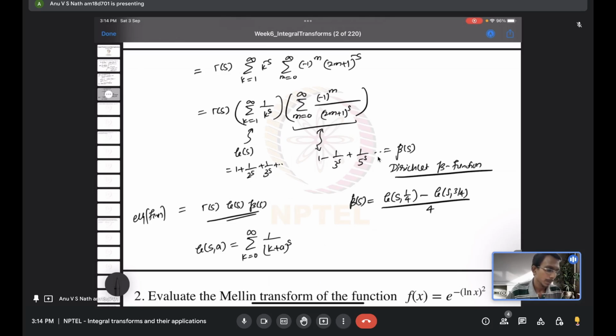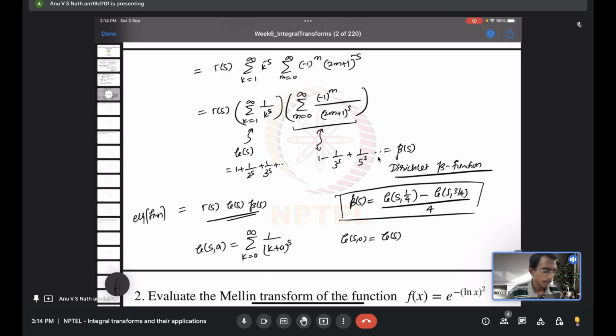When a is equal to 0, we obtain the actual Riemann zeta function. But for any finite real number a, it's a multivariable function. So that's just the relation between the beta function and the Hurwitz zeta function.